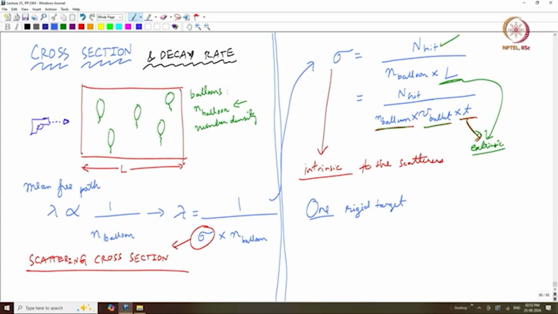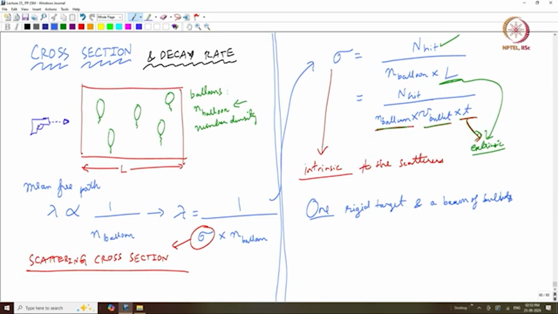And instead of one bullet, you have a beam of bullets. This is like some submachine gun that just keeps spraying bullets on some rock or some very hard rubber ball.